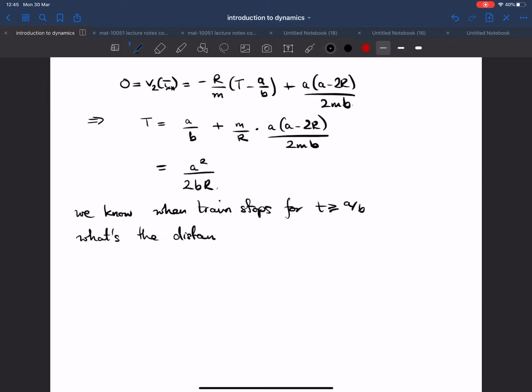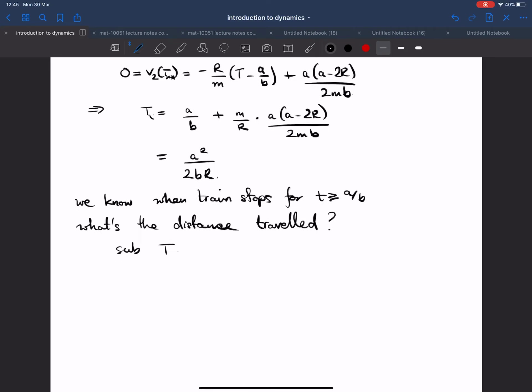Well, I'm going to leave this for you to calculate, but all you need to do is sub in t, sorry, that's T star star, equals a squared over 2bR, into x2 of t. This will give you the distance travelled by the train, and you'll have such a fun time doing this calculation. And what you should end up with is the following.